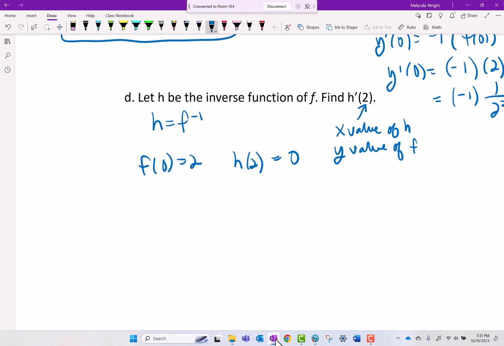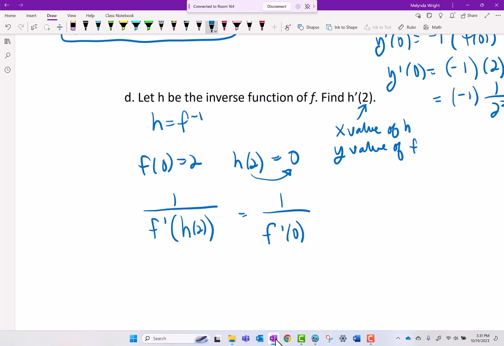Okay, our formula is 1 over f prime, the regular function prime, of the inverse function, and the inverse here is h of 2. So we're supposed to do, h of 2 is 0, so 1 over f prime of 0.